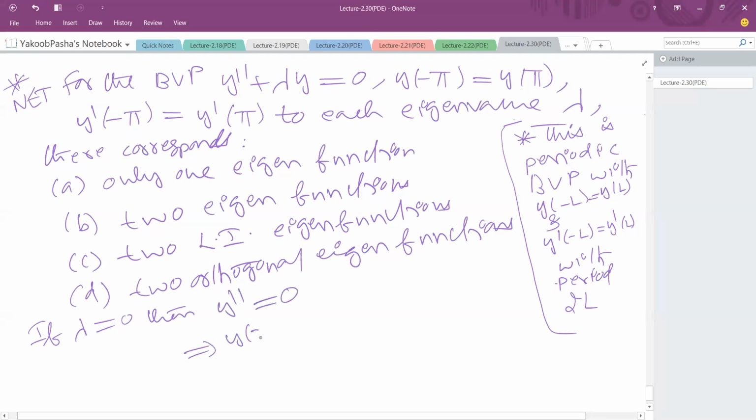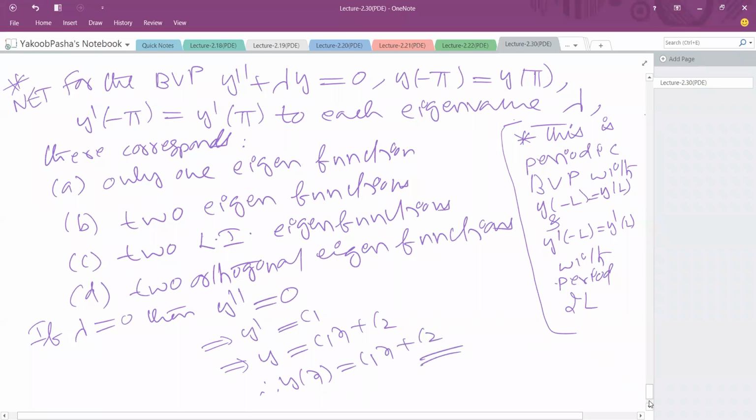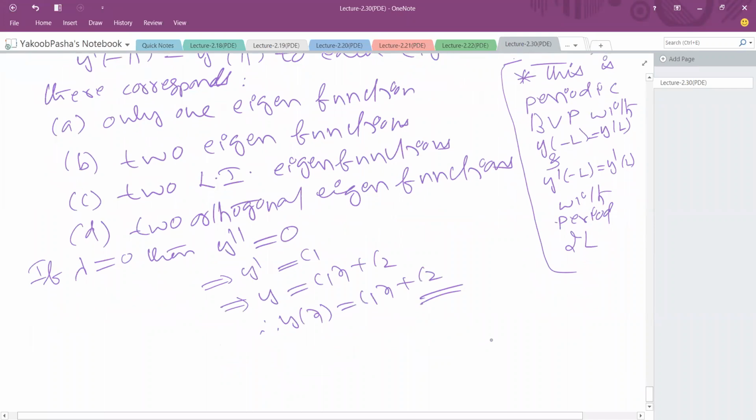That means y of x is equal to, first I am writing one by one, y dash is equal to some c1, and y is equal to c1 x plus c2. That means y of x is equal to c1x plus c2 is the solution. Whether it is trivial or not, we have to check.